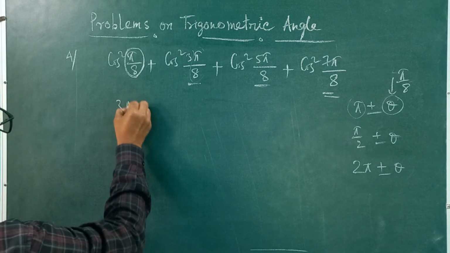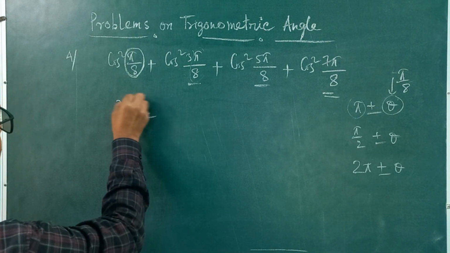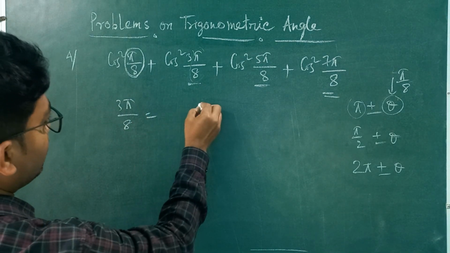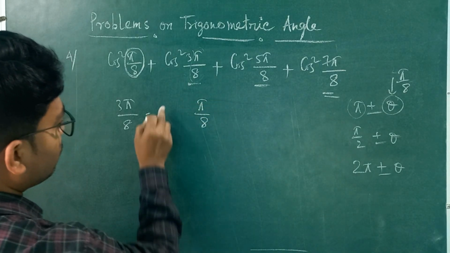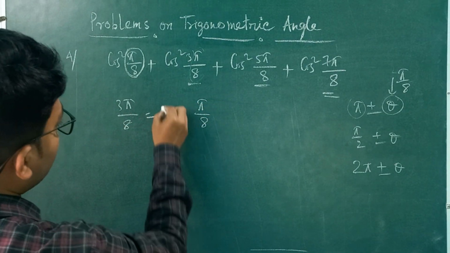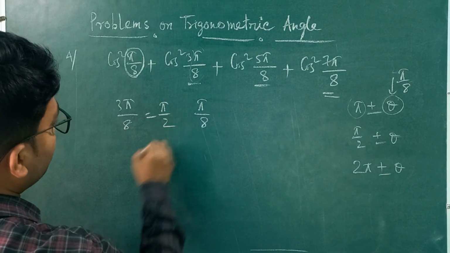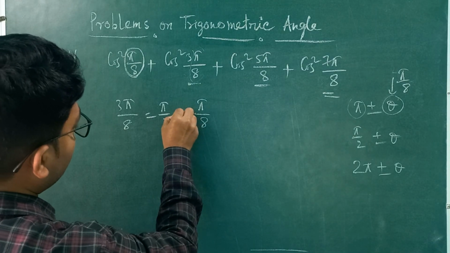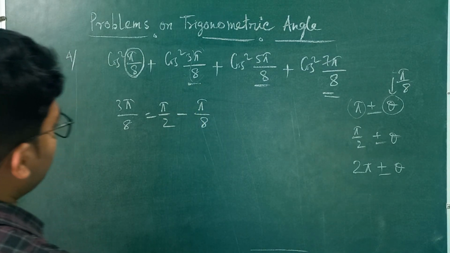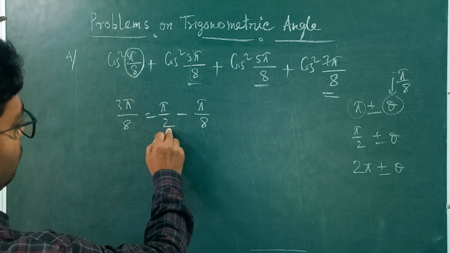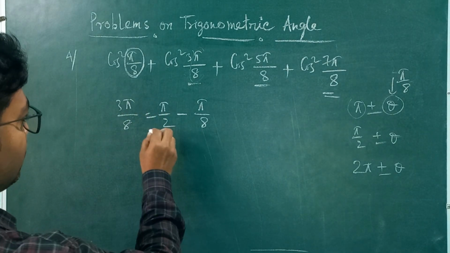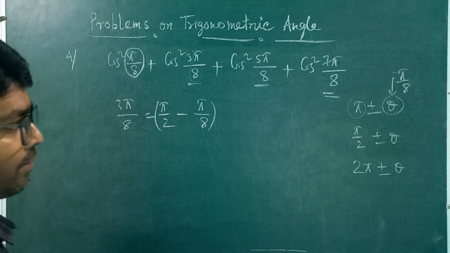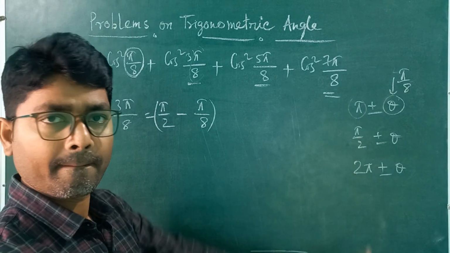So see, what is 3 pi by 8? I can write this as pi by 2 minus pi by 8, since 4 minus 1 is 3. See, this one is correct in this form.